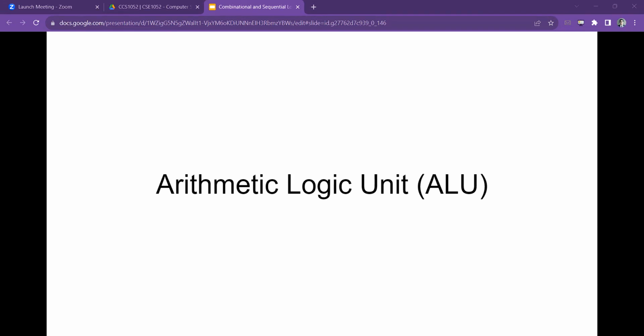Please put into the chat what the ALU means. Anyone, please? So what is the ALU?